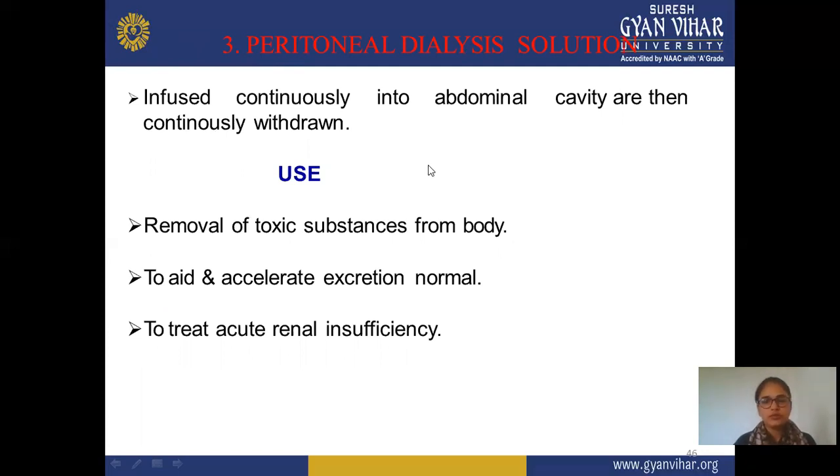It means these solutions are also for a specific purpose like the previous one, with continuous infusion into the abdominal cavity and continuous withdrawal. The use of this peritoneal dialysis solution is to remove toxic substances from your body, to aid acceleration of normal function, and to treat acute renal insufficiency.